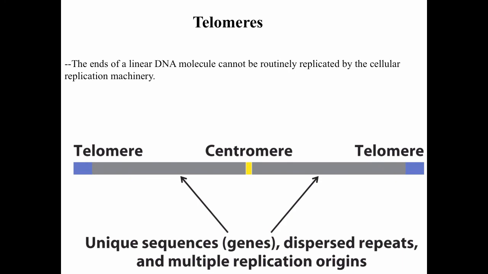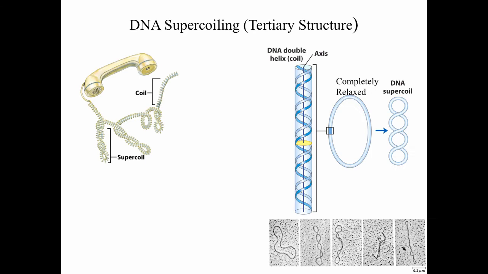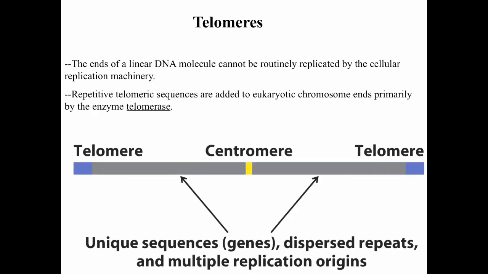These telomere repeats have a very important role, because the end of a DNA molecule cannot be replicated by the cellular replication machinery. So the enzyme called telomerase adds these repetitive sequences to the end of the chromosomes, and that helps to stabilize the chromosomes.